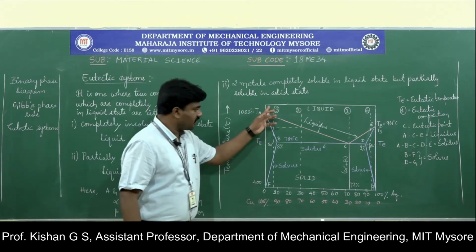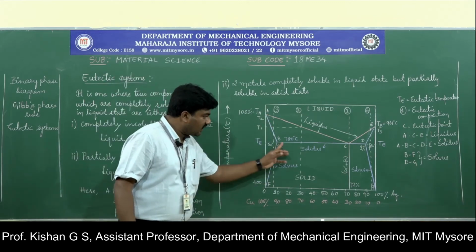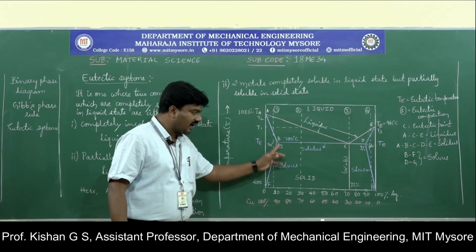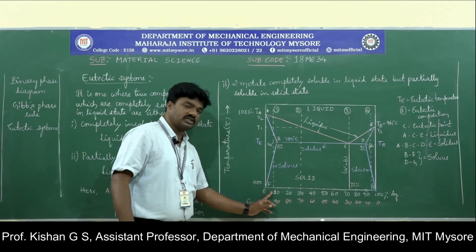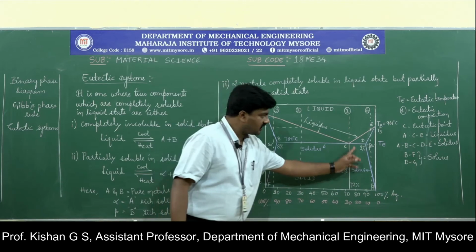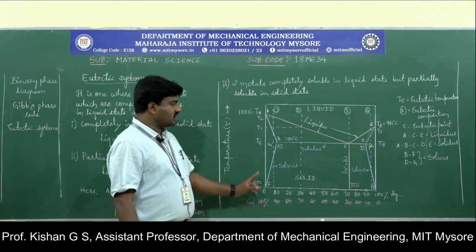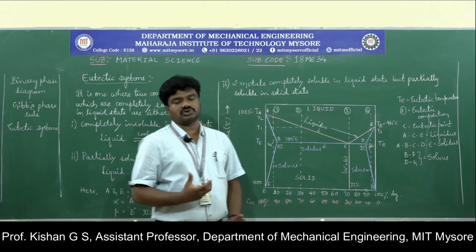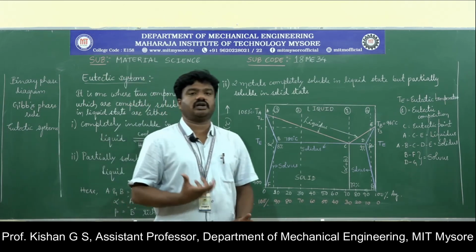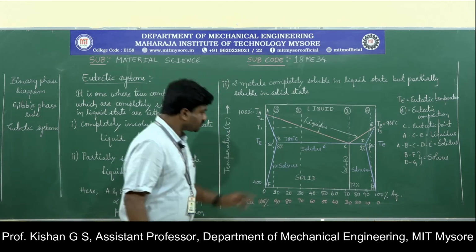So what happens at that particular composition? Around 8% is the composition of silver, whereas towards the left 92% is the composition of copper. That is where you are supposed to put your interest, where the partial solubility actually comes into the picture.